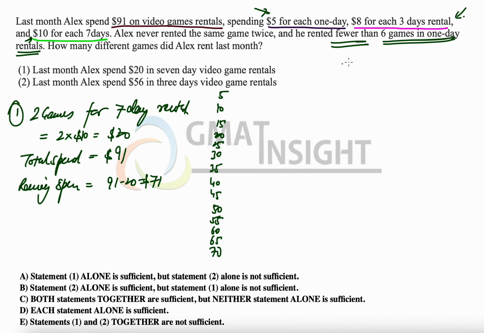So he could not have rented more than 5 games for 1 day rental. That means he could not have spent more than $25 on 1 day rental games. That means these all are not the possibilities.